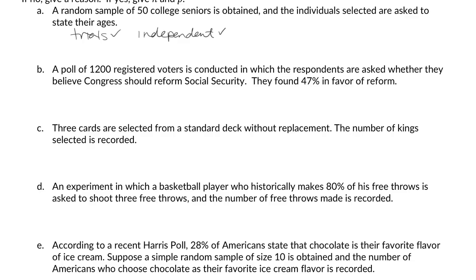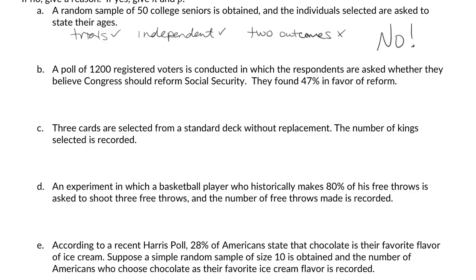Yes, because the age of one participant does not affect the age of the second participant. Are there only 2 outcomes? No, there are not just 2 ages. So this one is not a binomial experiment. We had more than 1 outcome as an option, so it is no longer binomial. Bi means 2.